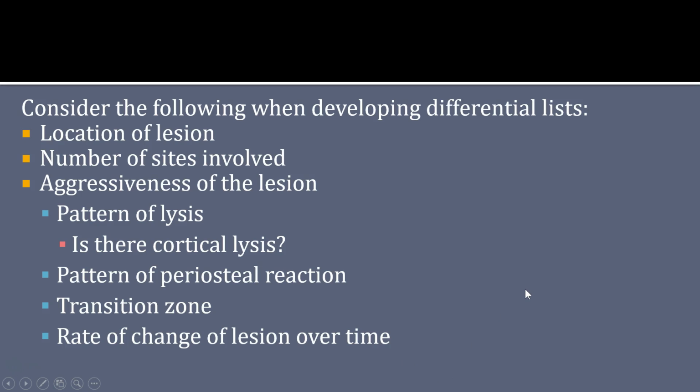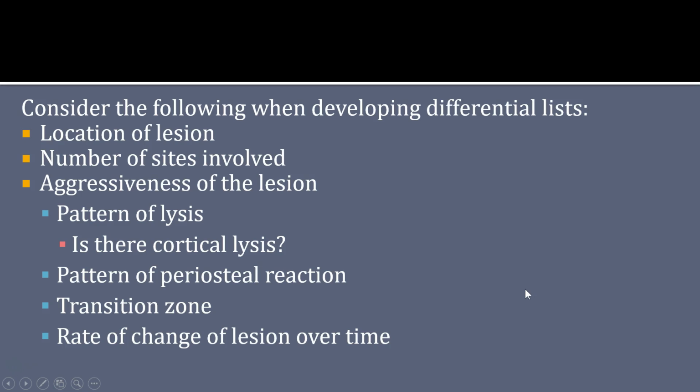So when we start thinking about developing differential lists for these different appearing lytic patterns and periosteal patterns, we should consider several factors as well. One factor to consider is the location of the lesion. Second factor to consider is number of sites involved. And then we need to start thinking about, is this lesion aggressive?